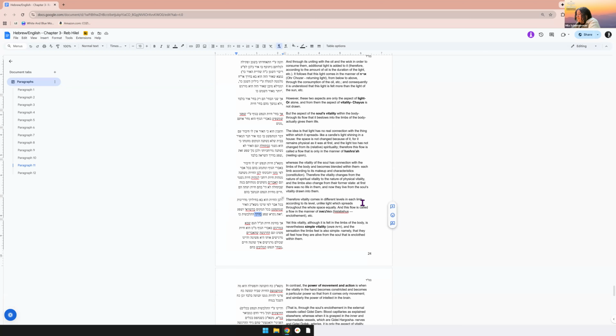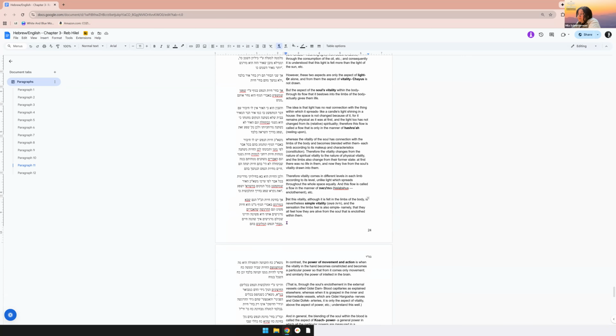Therefore, the vitality comes in different levels in each limb according to its level, unlike light, which spreads throughout the whole space equally. And this flow is called the flow in the manner of hislapshus, meaning referring to the flow of the soul. Right. Yet, and then he says, well, it's true it's in the way of hislapshus, but yet this vitality, although it is felt in the limbs of the body, it's nevertheless simple vitality. And then he goes into koach. That's why we need koach.